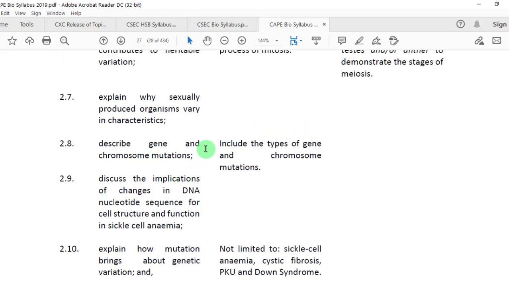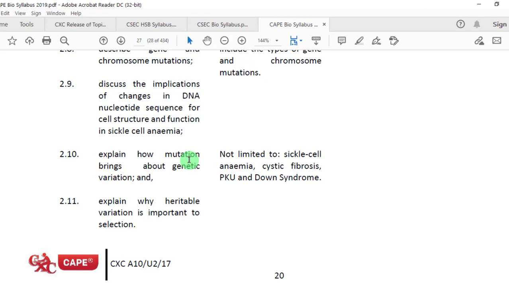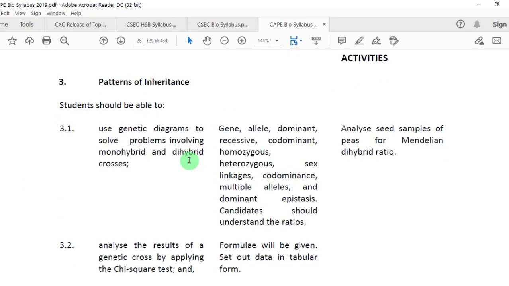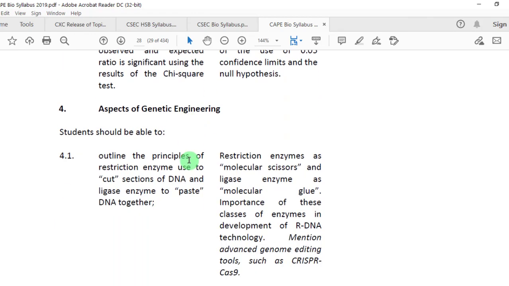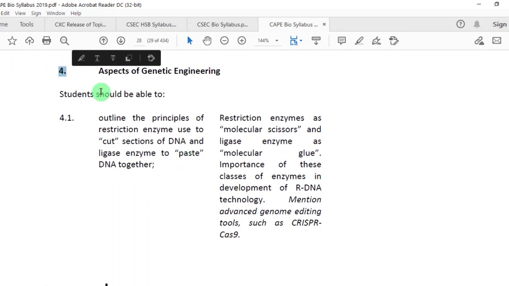Now let's look at module 3. But before I go to module 3, there's one thing that we didn't touch on, which is genetic engineering. So let's see where that shows up. So we haven't completely avoided it. We are at topic 4, right?